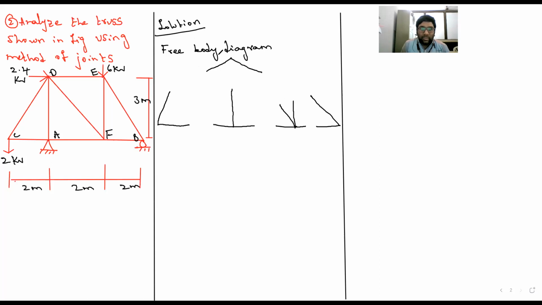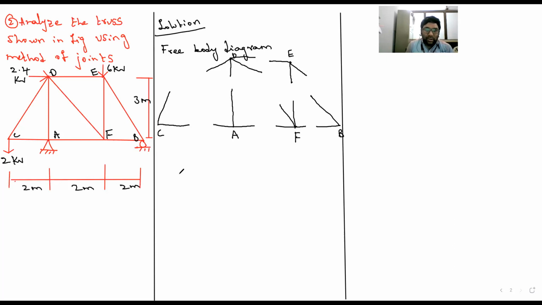So this is for F and this is for A. So see here, this is C, this is A, this is F, this is B. And at E, you can see here, this is D. So this is E. For this E, we have the horizontal part, and here also horizontal part, and we have this part, this part.